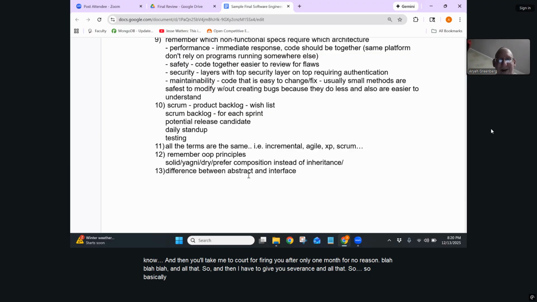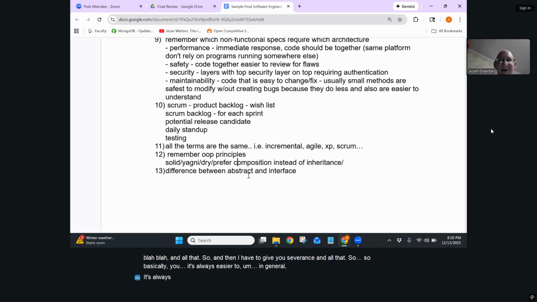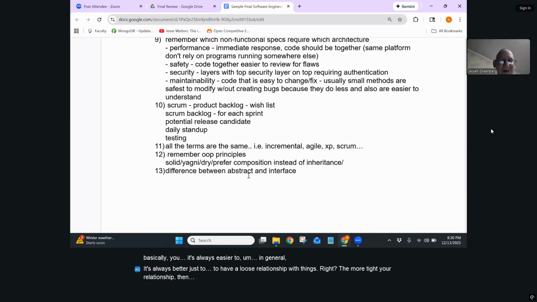So basically, in general, it's always better just to have a loose relationship with things, right? The tighter your relationship, the more you're stuck with it, right?